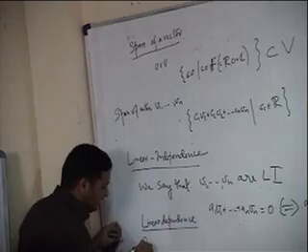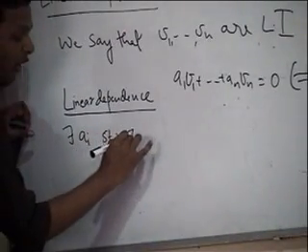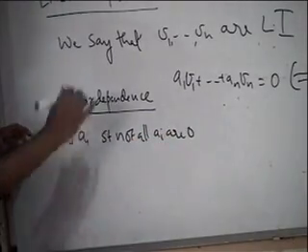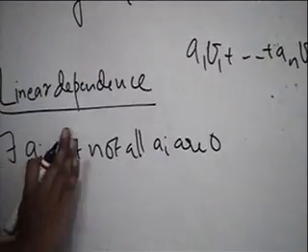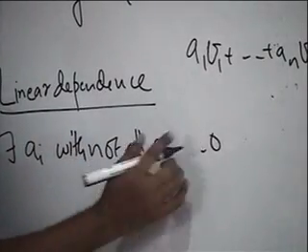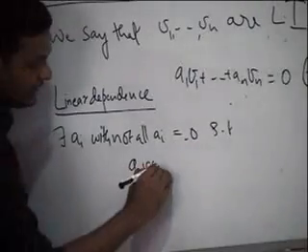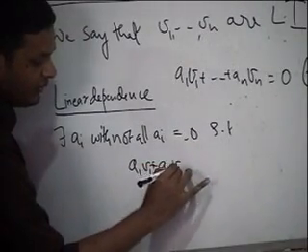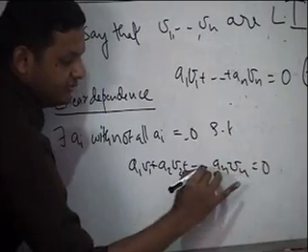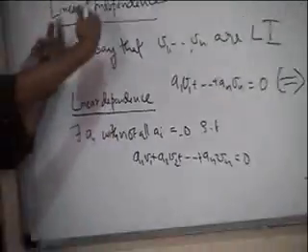There exist ai, not all ai 0, such that a1 v1 plus a2 v2 plus etc. up to an vn is equal to 0. So this is the negation of this.